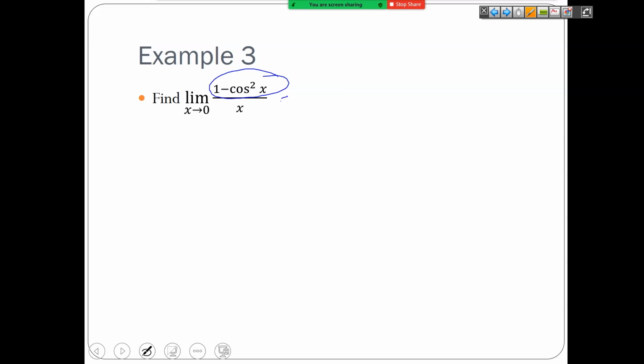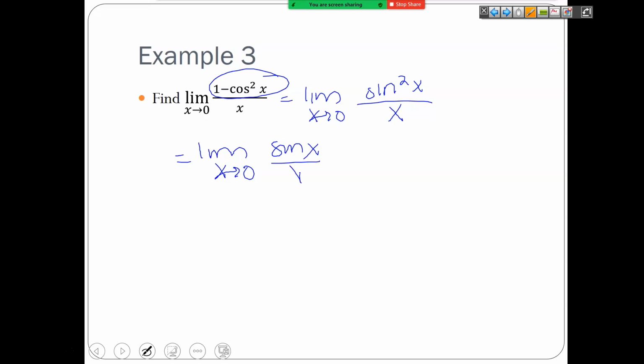Alright. So, we could change this to the limit as x approaches 0 of sine squared x over x. And sine squared x is really like sine x times sine x, right? So that's kind of like saying the limit as x approaches 0 of sine x over x times the limit as x approaches 0 of sine x.